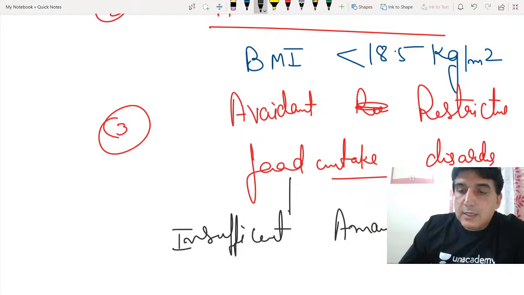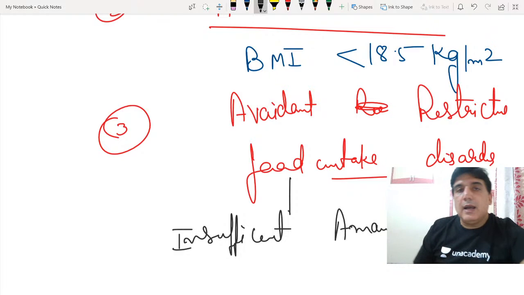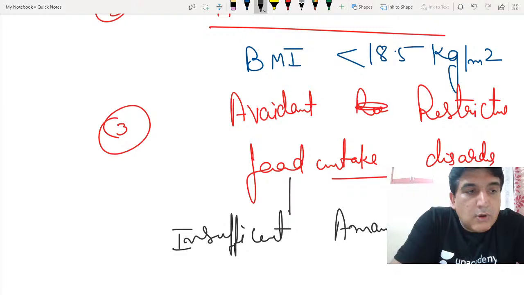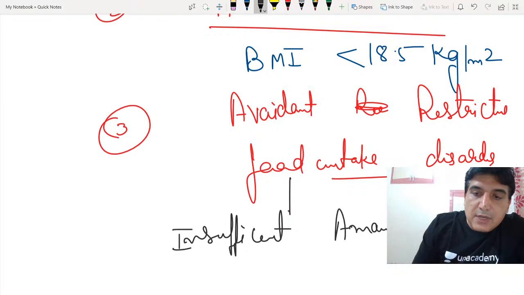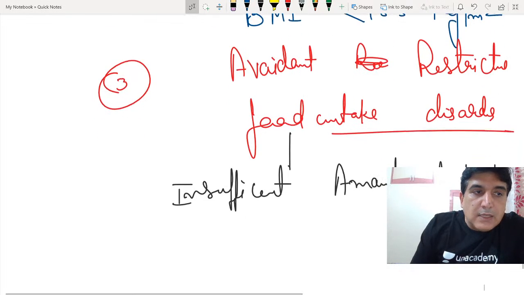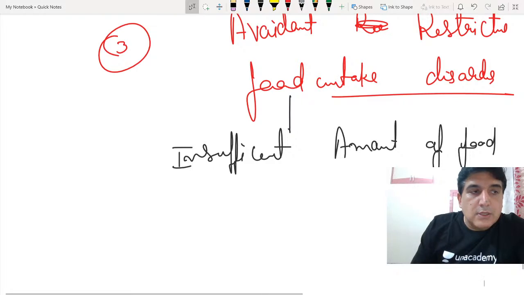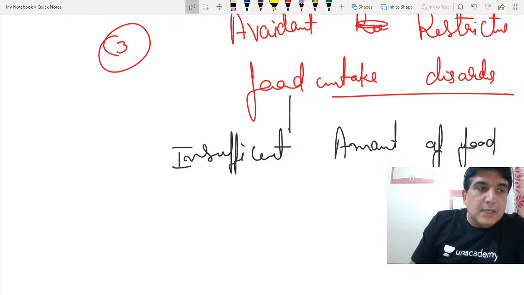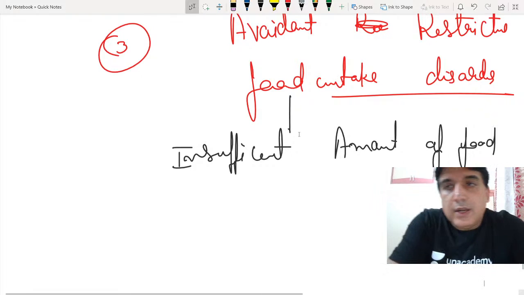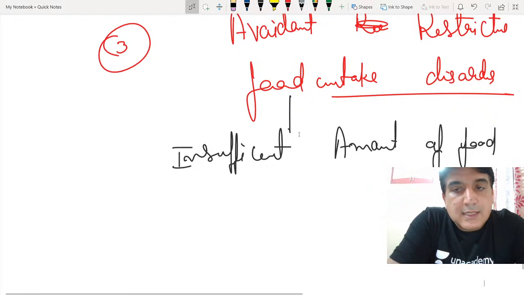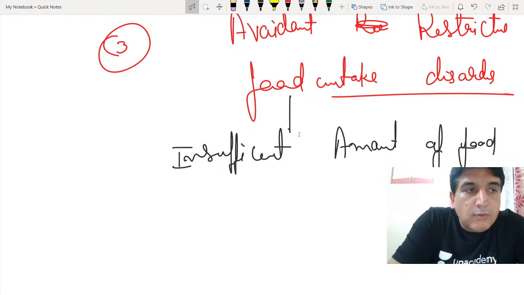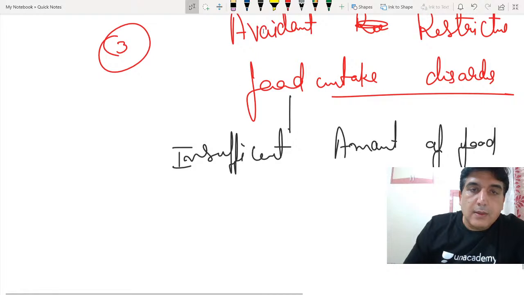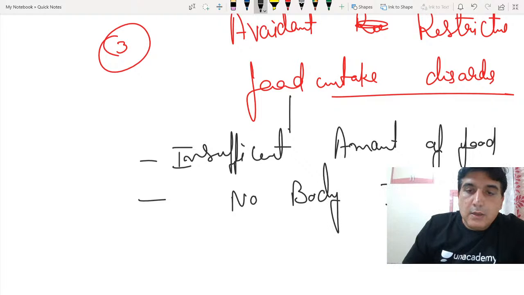Either they don't like the smell of the food or they don't like the taste of the food, so they take an insufficient amount of food, but there is no disturbance in body image. No body image disturbance.